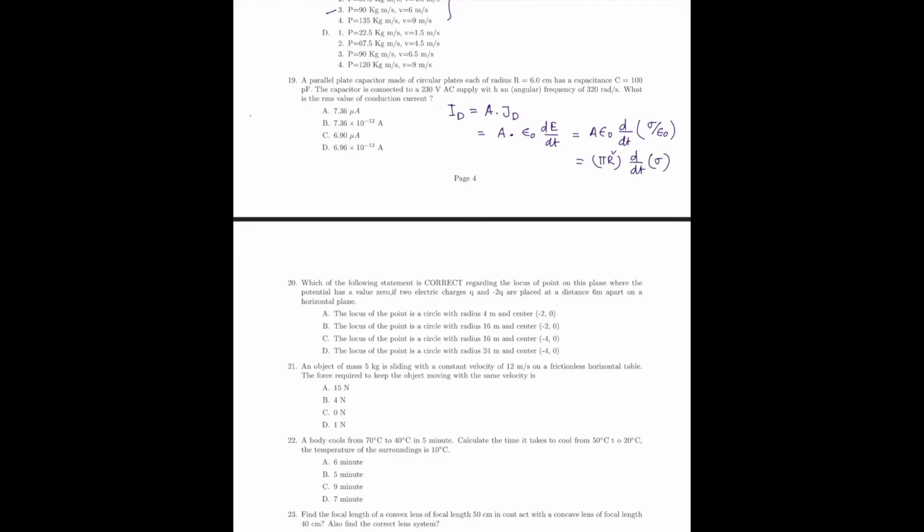Since pi r square is also a constant, I can take it into the derivative. So that would be d dt of pi r square sigma, which is d dt of the charge on the plate of the capacitor.